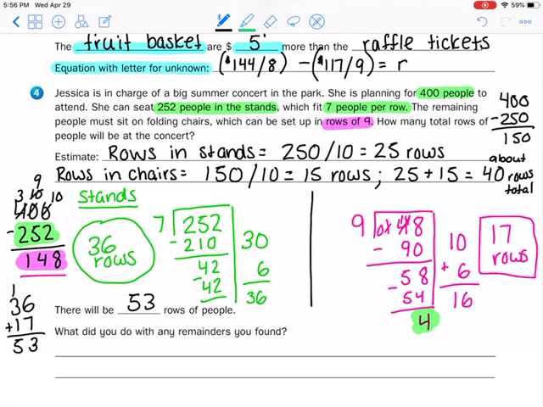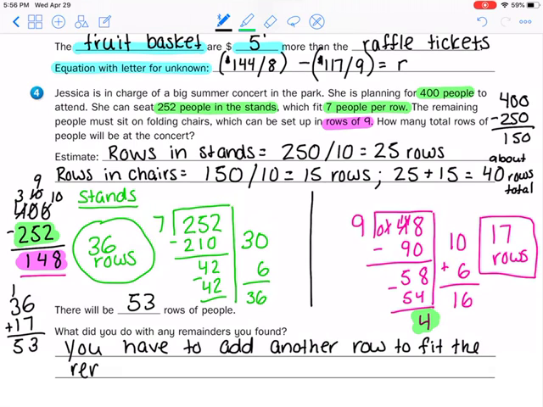So what did you do with the remainders you found? You have to add another row to fit the remaining people.